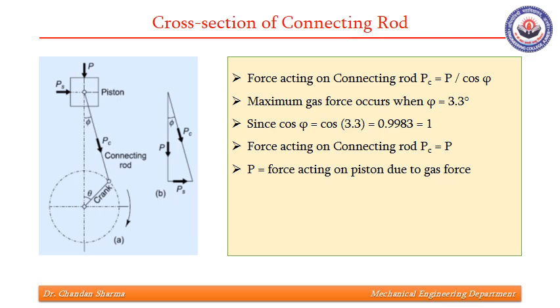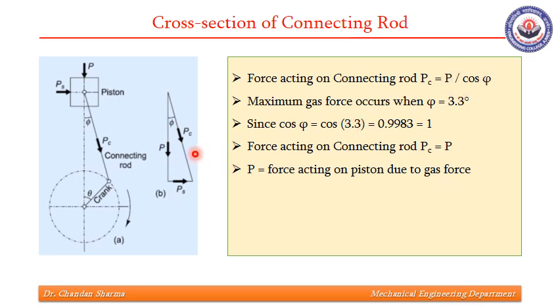Now we are in a position to find the procedure to find the cross section of the connecting rod. As you can see, this P force is the gas force which is coming on the piston, and this is the force which is coming on the connecting rod. This angle is phi. This is the force diagram. The force acting on the connecting rod, PC, from this triangle we can find, is P upon cos phi.